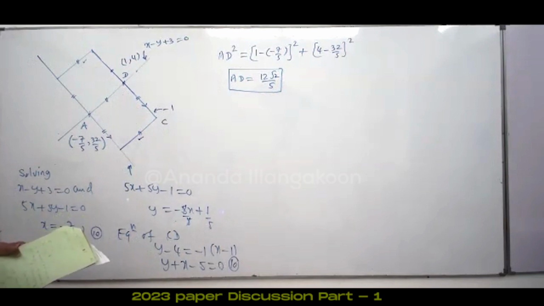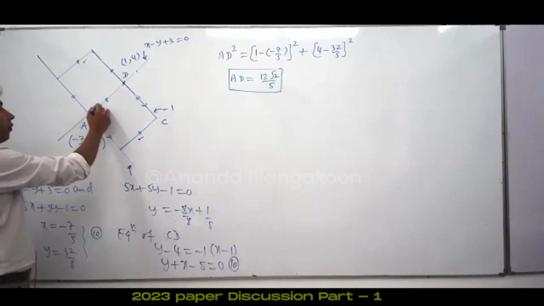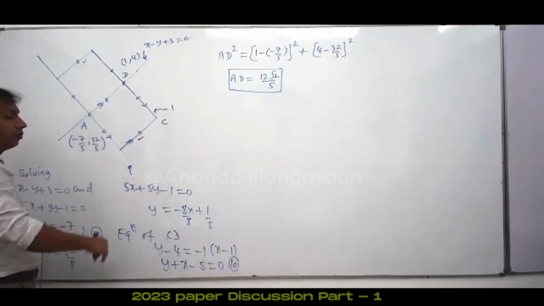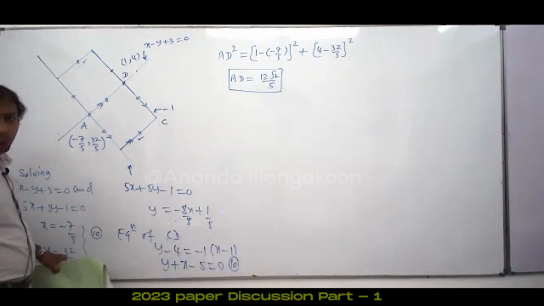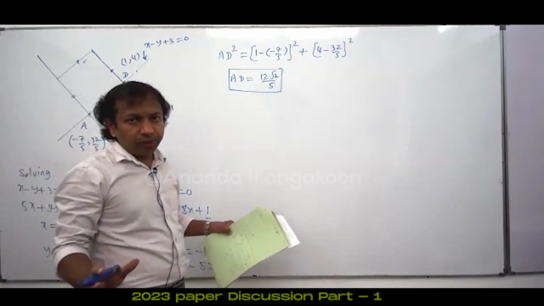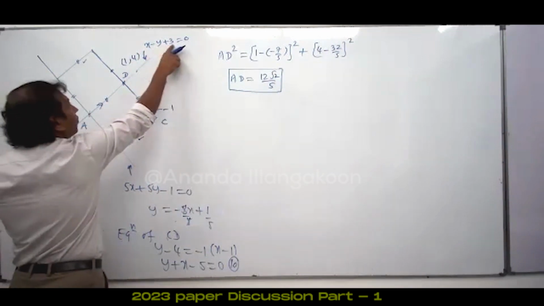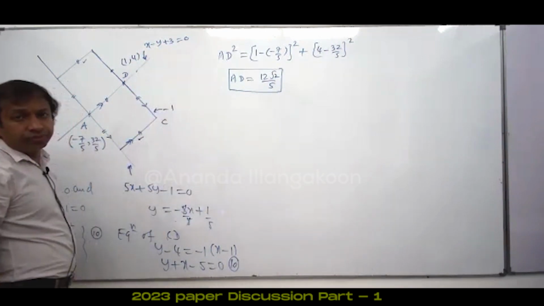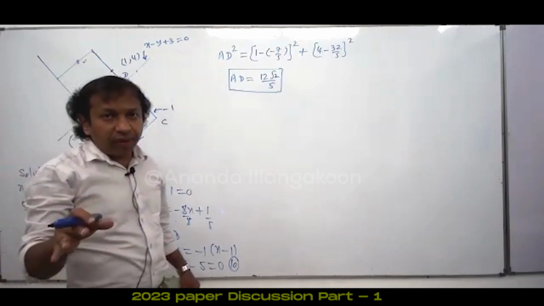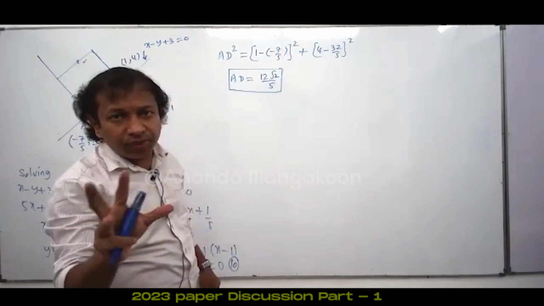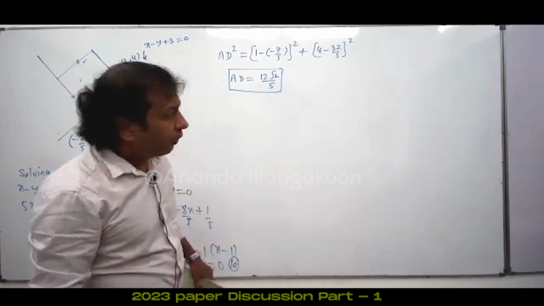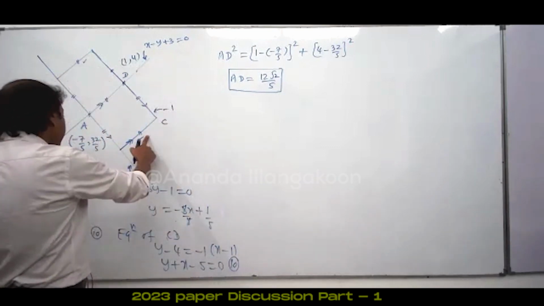Now, we can assume this line and this line are parallel. Opposite sides of the square are parallel, no? You know, this equation x minus y plus 3 equals 0. When two lines are parallel, in their equations the xy terms are the same, no? We told that. Then I can write this equation.